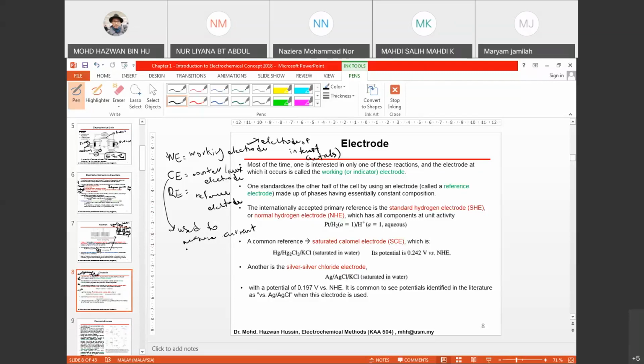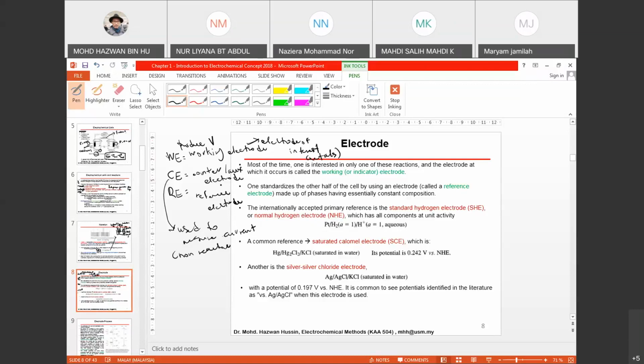Okay, and for counter electrode, it must be non-reactive electrodes or metals. It must be non-reactive, because the working electrode is the electrode of interest, and it produces potential.